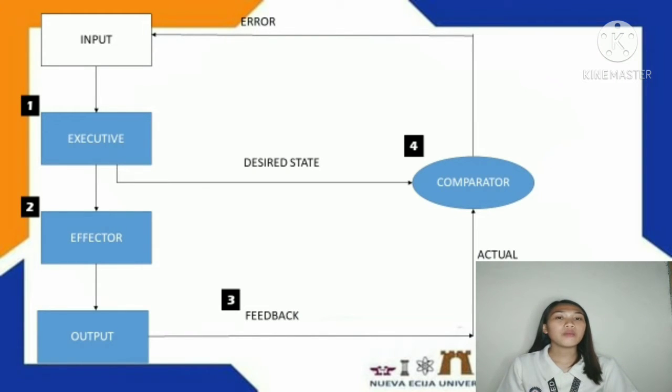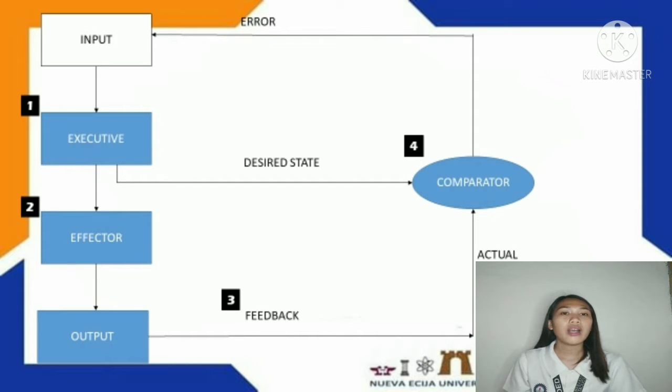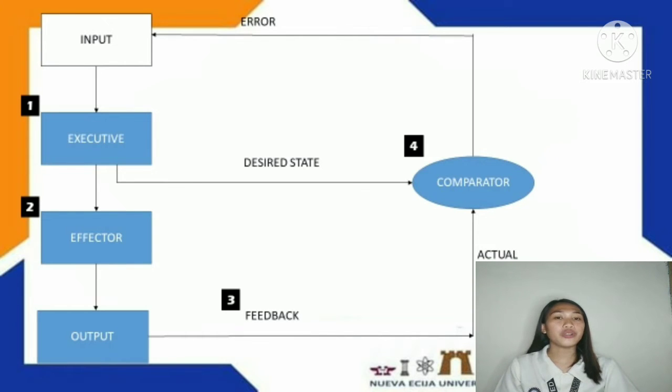Now, the executive will relay a message to the effector mechanism that is responsible for carrying out the action. Let's say, for example, na yung effector natin is furnace or yung heater. Ngayon, magta-turn on yung heater and continue lang siya until ma-achieve na yung desired room temperature.